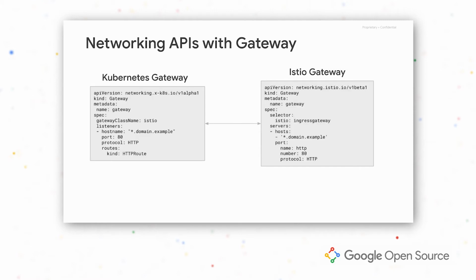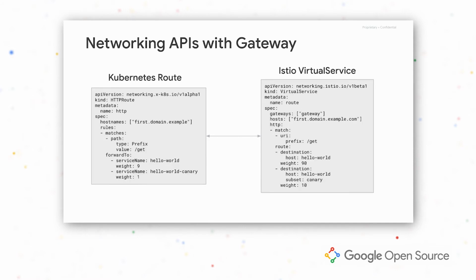I want to highlight a side-by-side of these new resources and the Istio ones. In this example, I have a Kubernetes gateway and an Istio gateway, and they're both doing the same thing, that is exposing domain.example over port 80, and we're declaring this to be HTTP traffic. While the shape of the API is slightly different, with minor syntactical differences, they are largely doing the same thing.